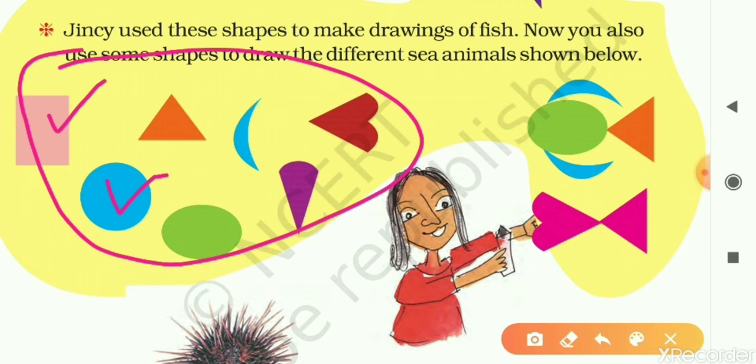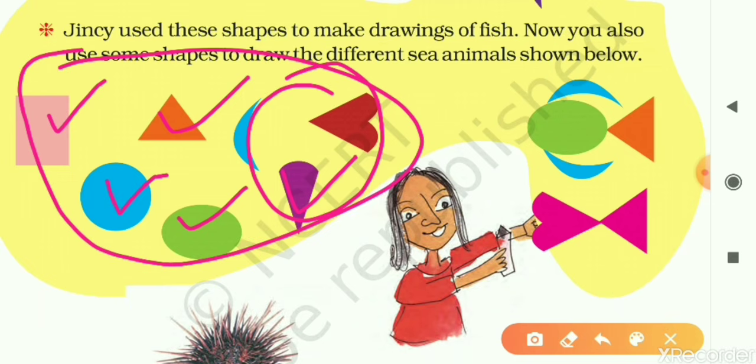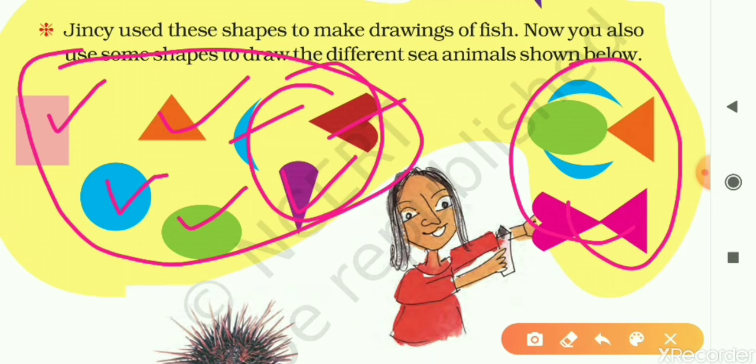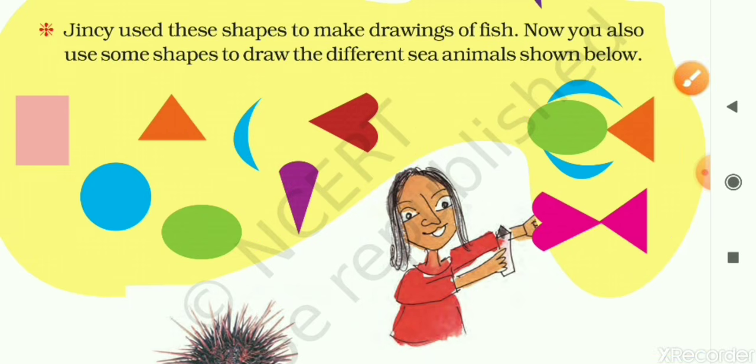Now this one, yes, circle, triangle, oval. Okay, very nice. And here is a cone also, and some other different shapes. And here Jinsi has made fishes by using these shapes. Try this activity at your home, my children. Okay, it's very interesting. You will enjoy it.